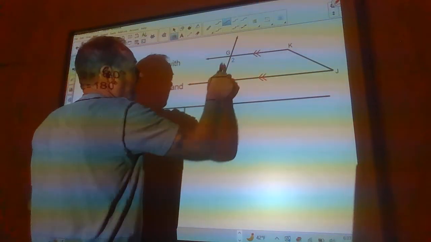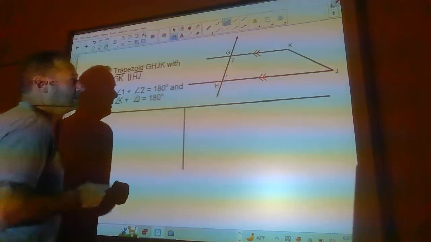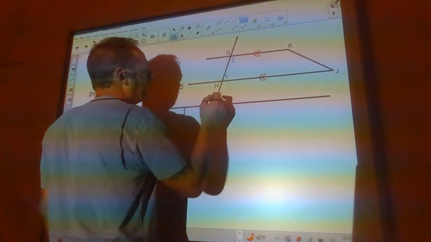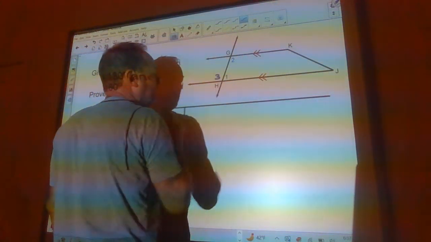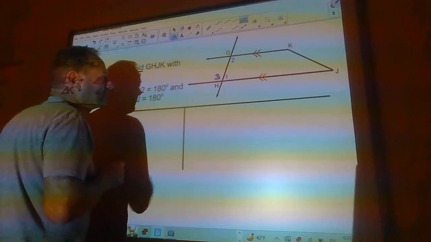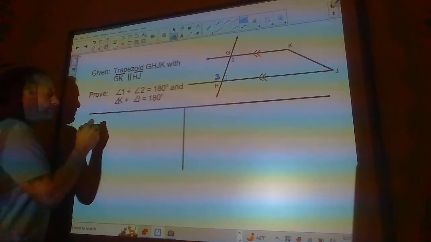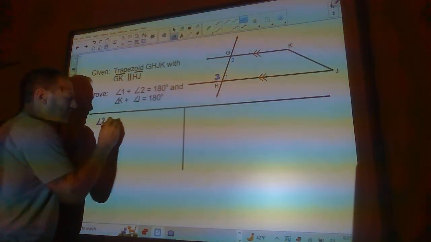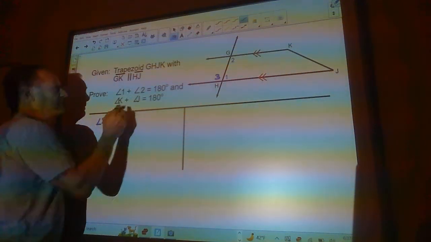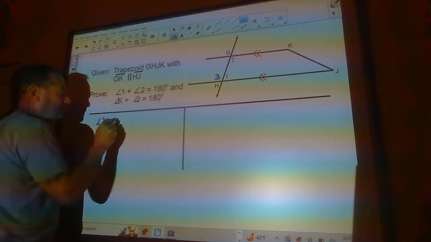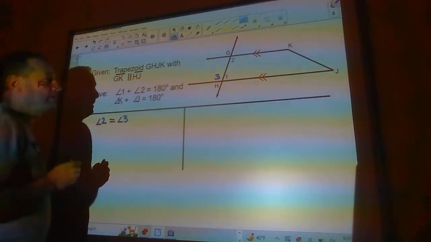Remember, these are parallel lines, and there's a transversal right here. So we know this. Let's put a couple other angles on here. Let's put a 3 right here. And so we know that angle 2 is equal to angle 3.